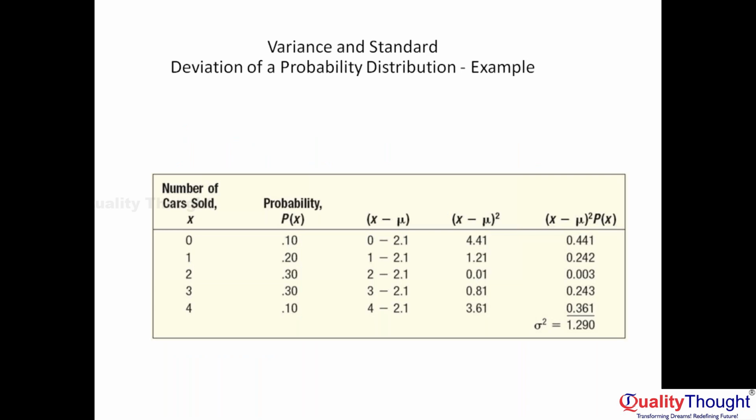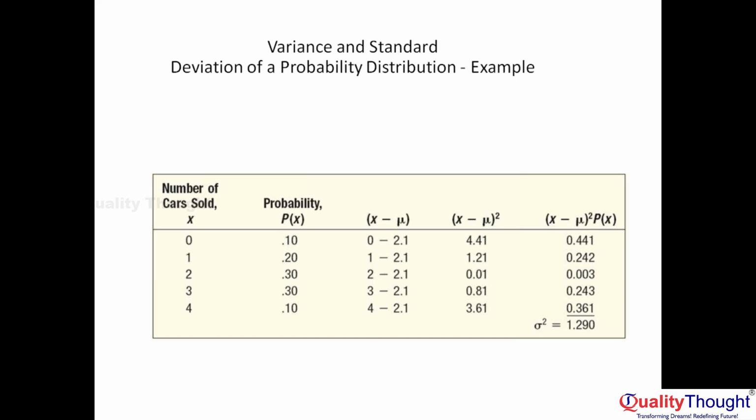Likewise, we have many probability distributions based upon different conditions: Bernoulli, binomial, geometric, hypergeometric, Poisson. If you ask me how many probability distributions of this kind exist, there are innumerable ones.